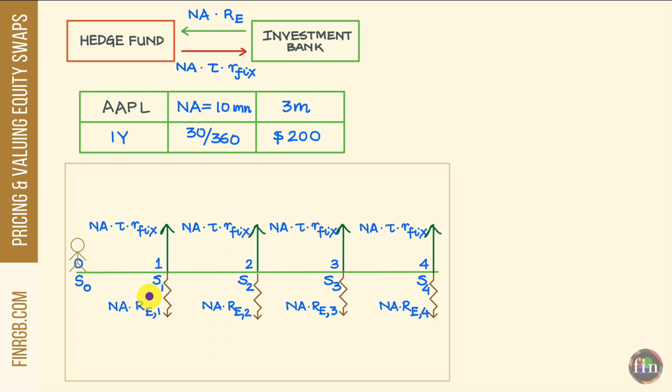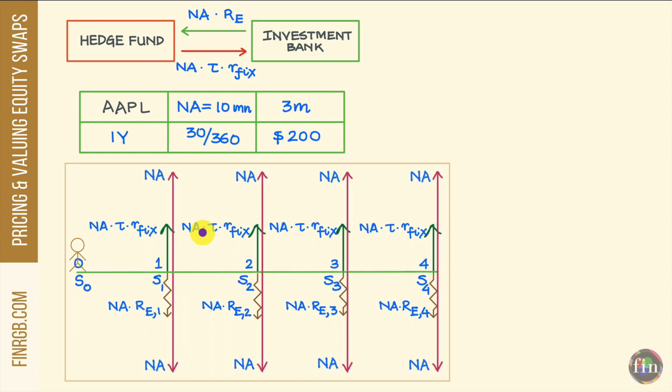For this purpose, we can use a very simple trick, and this is to actually put on or superimpose on this cash flow diagram offsetting pairs of cash inflows and outflows occurring at each of these 4 points in time, and each of these cash inflows and outflows, let them be equal to the notional amount of this equity swap.